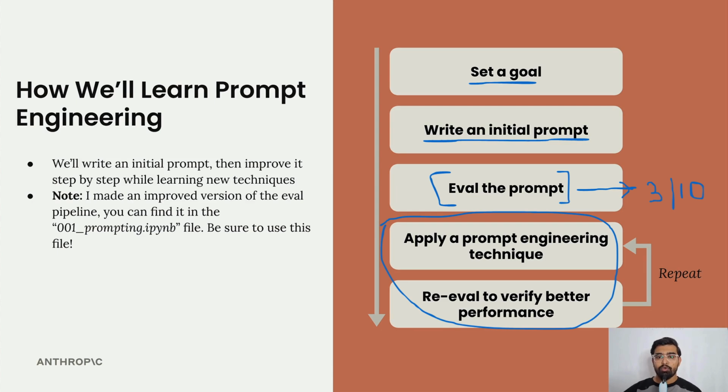Then we'll improve our prompt based upon the techniques that we'll be discussing. After each improvement, we'll run the eval pipeline again. So the initial output got a score of 2, now we'll get a score of 3. That way, we'll implement different prompt engineering techniques to improve the evaluation score, and that will be repeated until you are satisfied with your input prompt or it is optimized by the model.